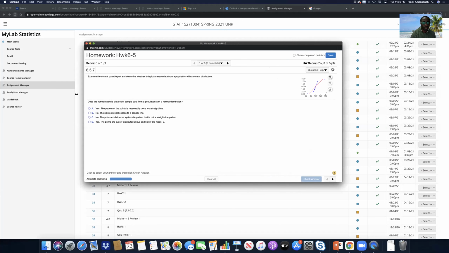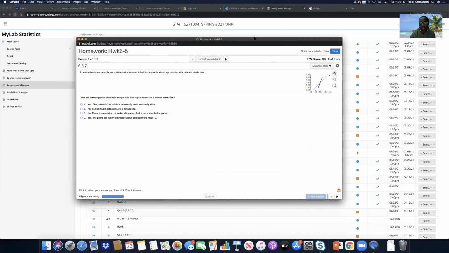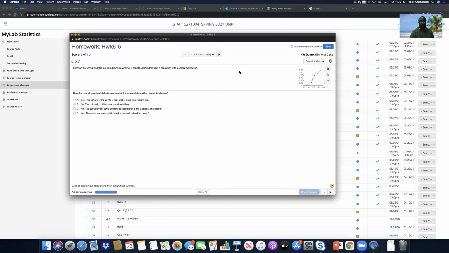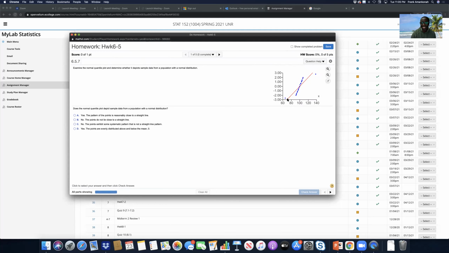Okay, so question 1, we are given a QQ plot here. There are 5 questions in there, so I'm doing 2. Look at the QQ plot here. Definitely, the points don't lie reasonably close to a straight line at all, so this is not a normal distribution.